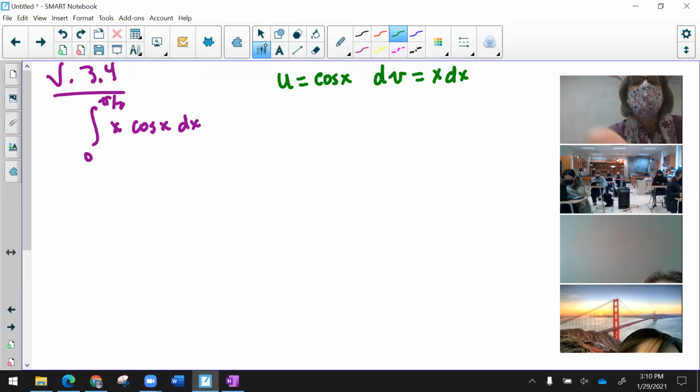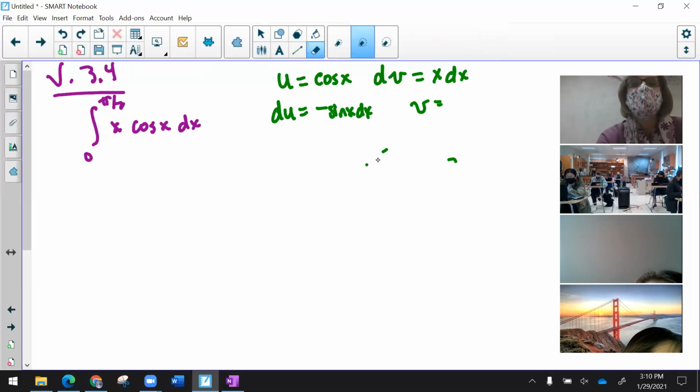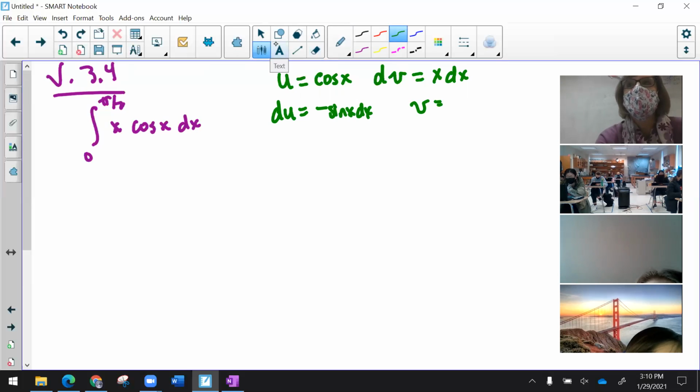So if u is equal to cosine x, then du is going to be negative sine x dx. And if dv was x sine x, then v is going to be x squared over 2.